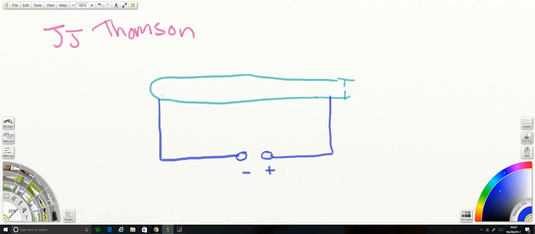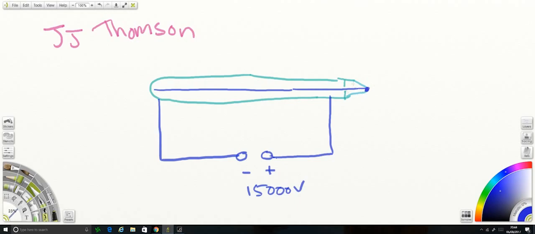As he applied a potential difference, a voltage of about 15,000 volts to it, he noticed that it caused a beam of light to shoot across. It went straight through the slit, and on the other end, which was closed, it caused a light to form.